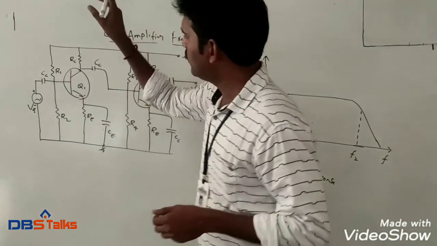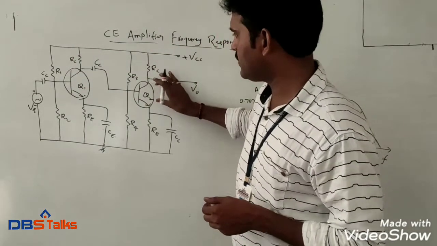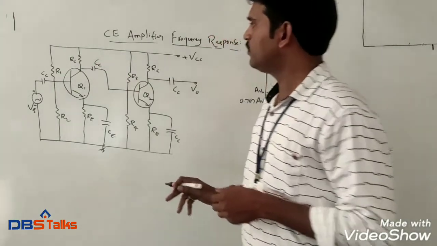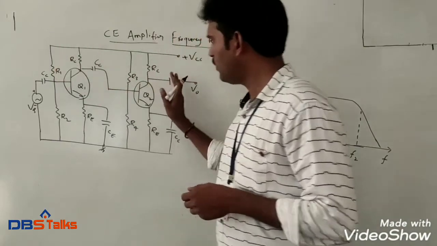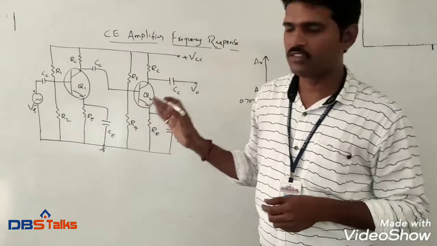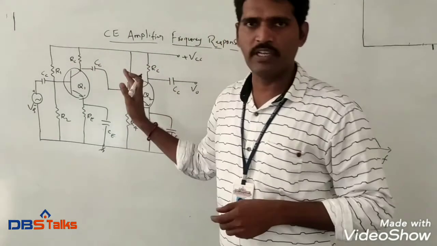Here, the first stage output is connected to the second stage through the coupling capacitor CC. If you connect the output of the first stage directly to the input of the second stage, we have so many problems. That's why we are using a coupling capacitor between the two stages.